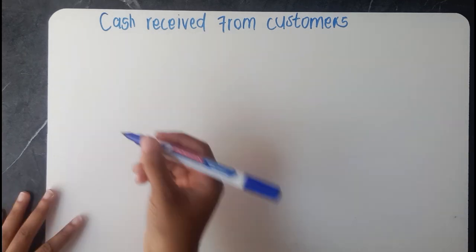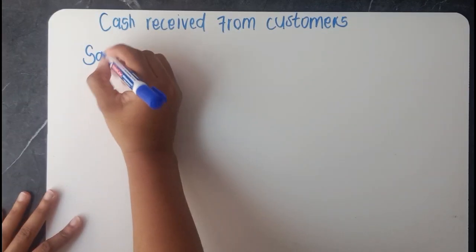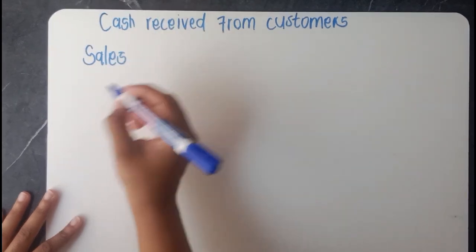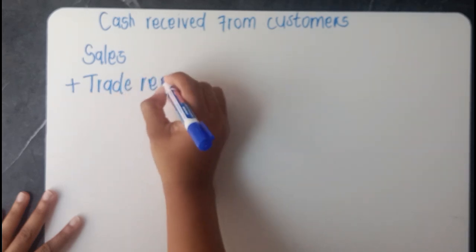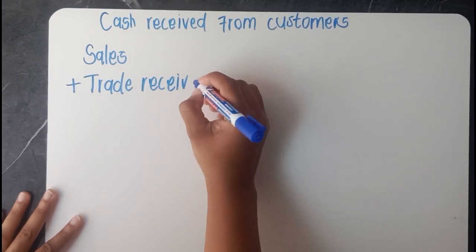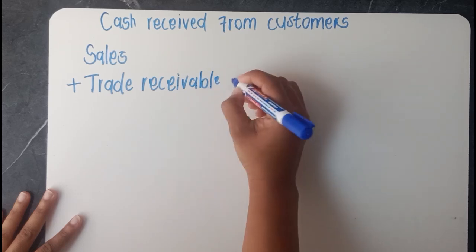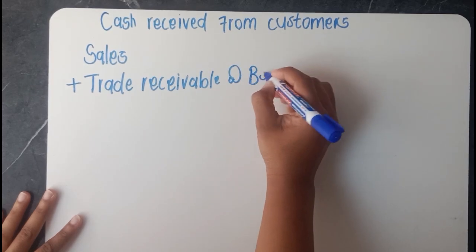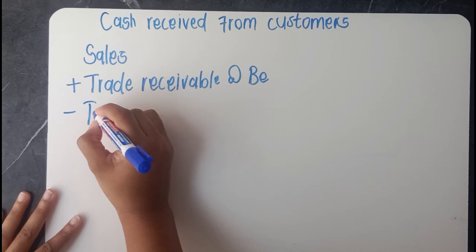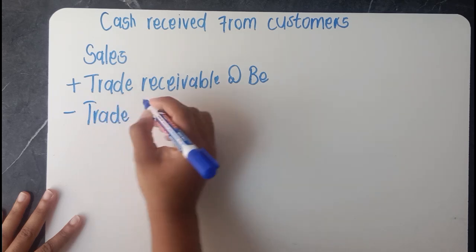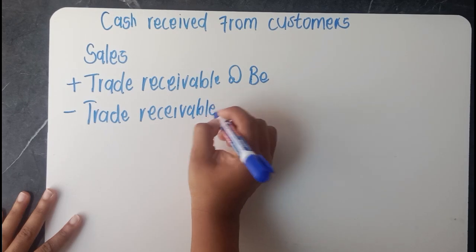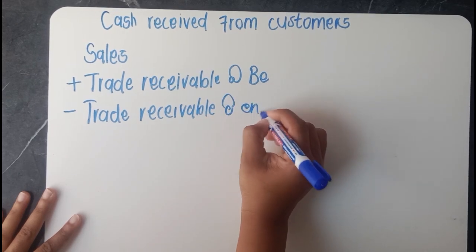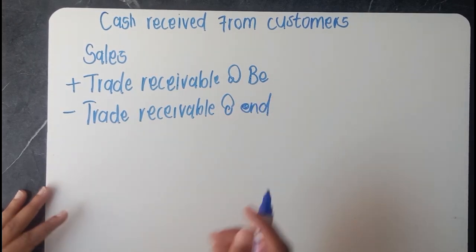So if they gave you sales, you take your sales, and you add your trade receivables at the beginning, and you subtract your trade receivables at the end.